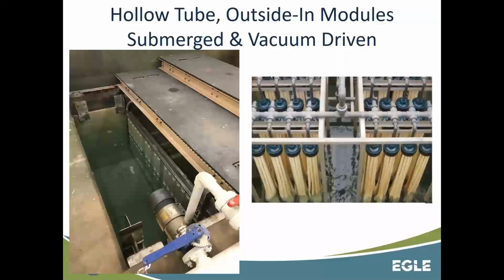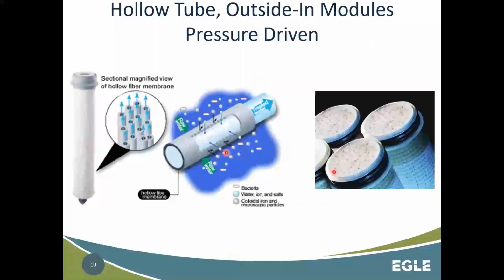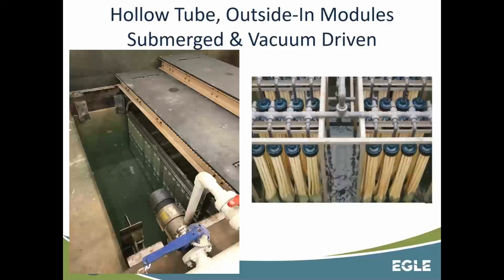Okay. As I said, what I just showed was pressure driven. So you'd have a pump on the upstream side pumping up the pressure to force the water from the outside of the fiber to the inside. The other configuration that is out there is these submerged vacuum driven types.